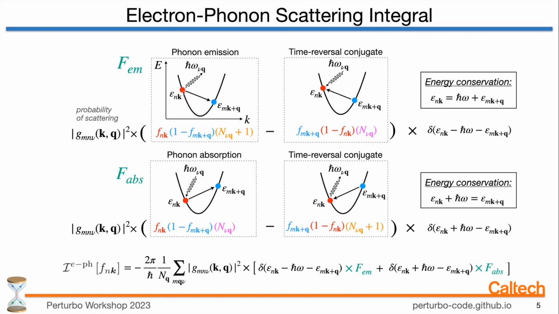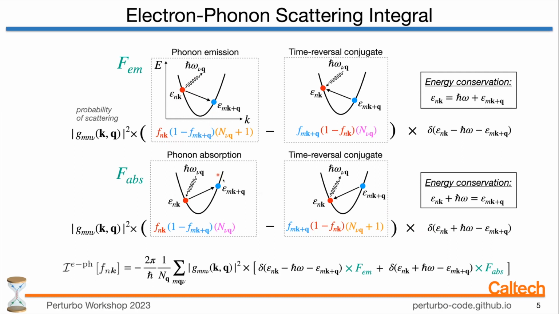If you consider, as in the previous slide, an electron in initial state ε_nk undergoing a transition to another state emitting a phonon, what will be the probability of such an event? For this event to occur, we have to have some electrons in the initial state, so we have this occupation function f_nk. Then we want our electron to go to that state, which means that this state has to be empty.